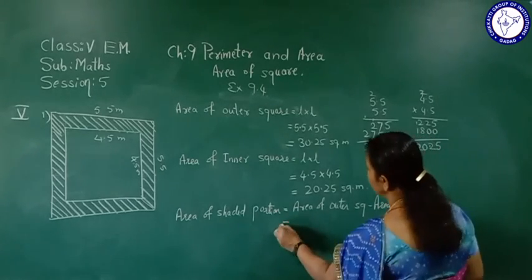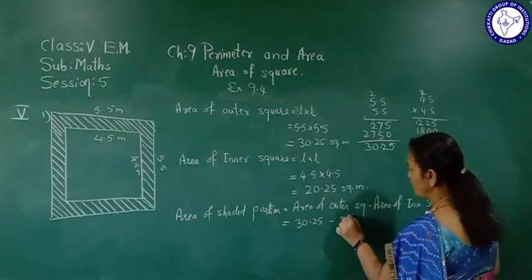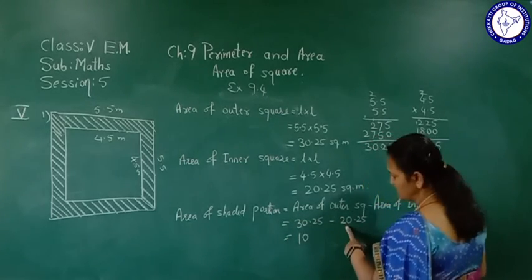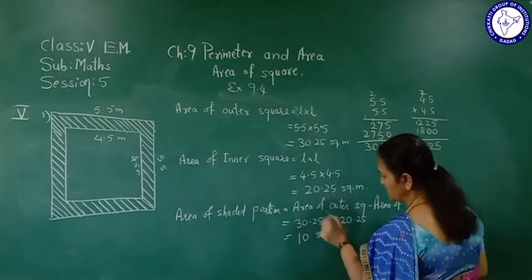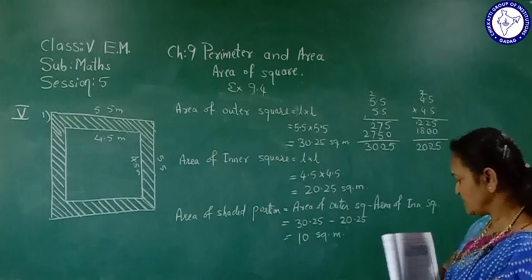So here outer square is 30.25 minus 20.25. So it is 10, 30 minus 20, it is 10 square meter. So here area of shaded region is 10 square meter.